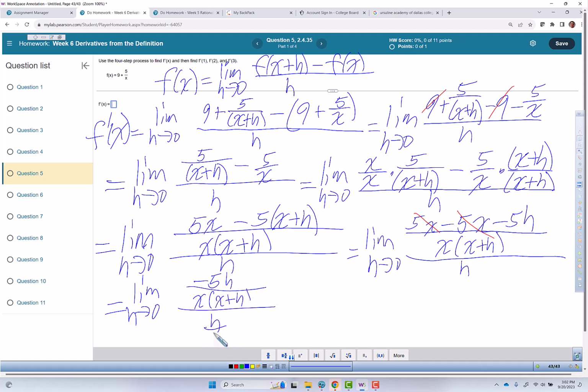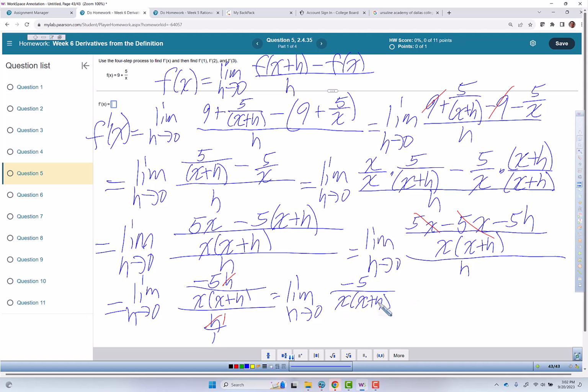Now I can think of this as h over 1, so I can cancel this h and this h to 1s, leaving me with the limit as h approaches 0 of negative 5 over x times x plus h all over 1, so I can forget about the 1.